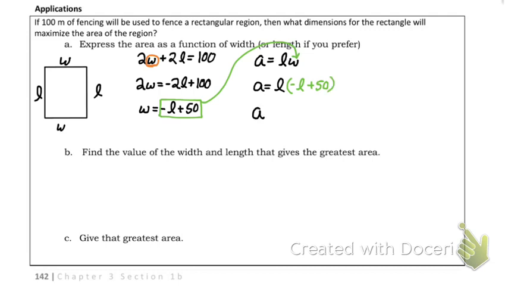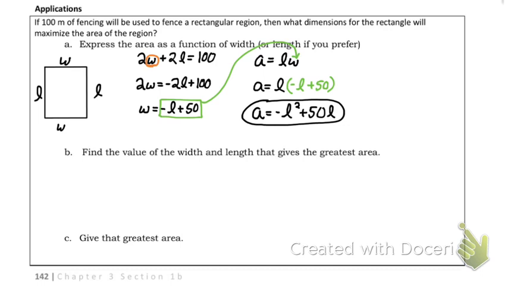Well, that gives me a brand new equation, and that is negative L squared plus 50L. That is our key equation that we need. That is the equation we're going to maximize. I want to figure out where I can get the maximum area from this equation.